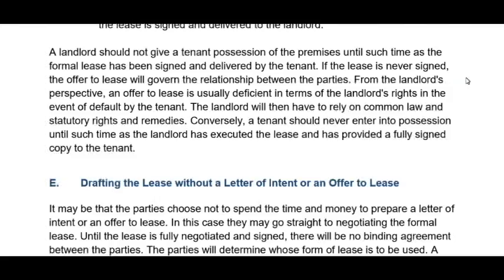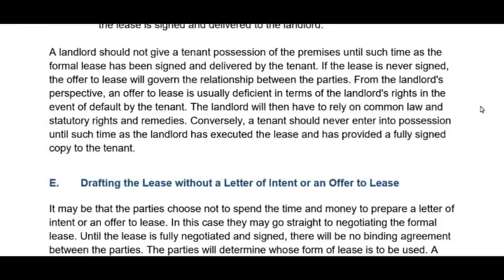A landlord should not give a tenant possession of the premises until such time as the formal lease has been signed and delivered by the tenant. If the lease is never signed, the offer to lease will govern the relationship between the parties. From the landlord's perspective, an offer to lease is usually deficient in terms of the landlord's rights in the event of default by the tenant.